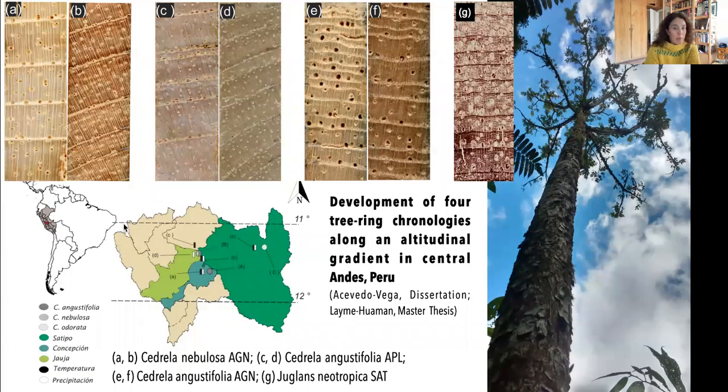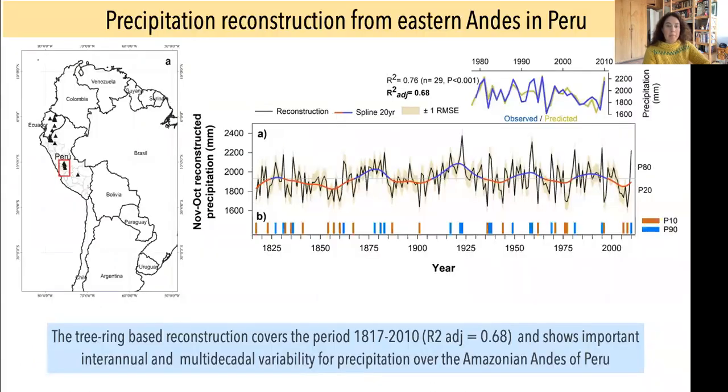So we produced 4 chronologies from different species of Cedrela and Juglans, mainly Cedrela nebulosa, Cedrela angustifolia, and Juglans neotropica, which develop in the Andean rainforest along an elevation gradient from the lowlands near the Amazon to the high elevation Andean rainforest at 3,000 meters above sea level.